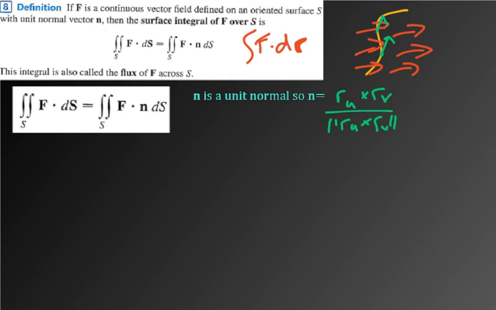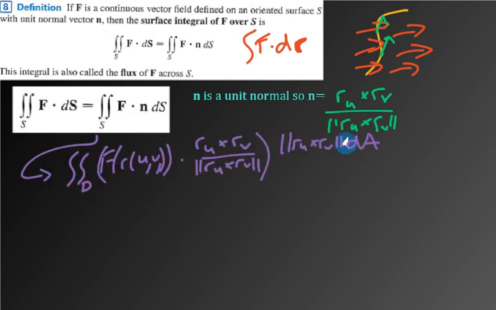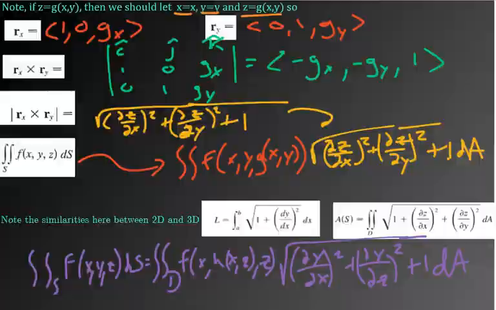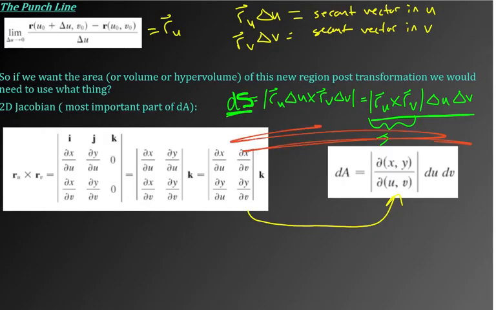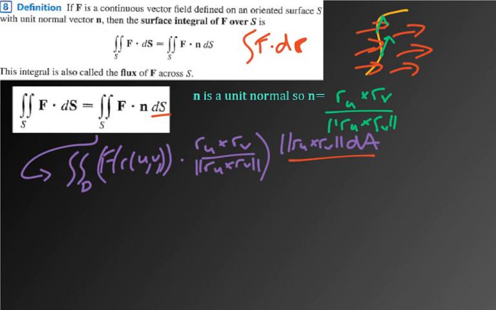And so if we go and plug this in for n, we would get this. This part in here is my dS, which we showed in a previous video. But that's the dS part.